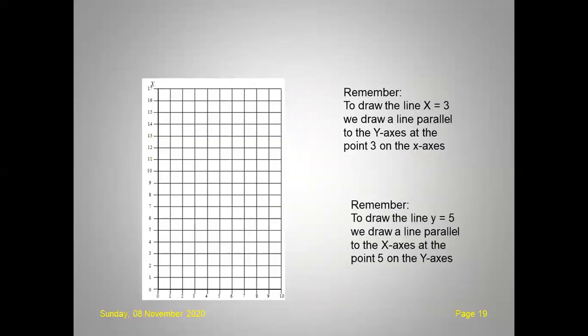Remember to draw the line x equals 3. We draw a line parallel to the y-axis at the point 3 on the x-axis. So if he asks me to draw x equals 3, I have to look on the x-axis for where 3 is, and draw a line that cuts the x-axis at 3.